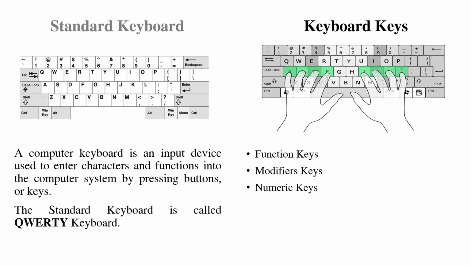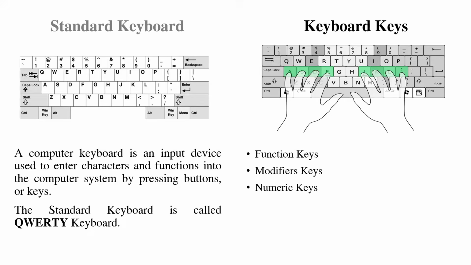Some laptops have 1, 2, 3, 4, 5, 6, 7, 8, 9, star, 0, like the old phones we used, Nokia and so on. That's how the arrangement of the numbers is.